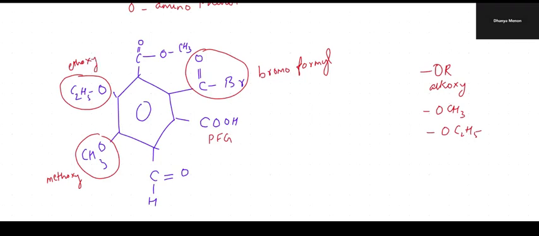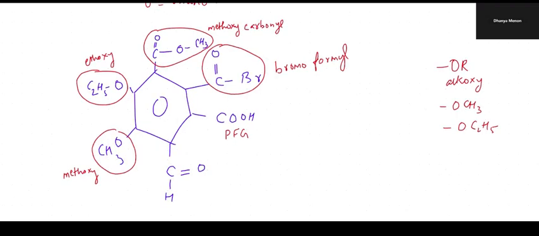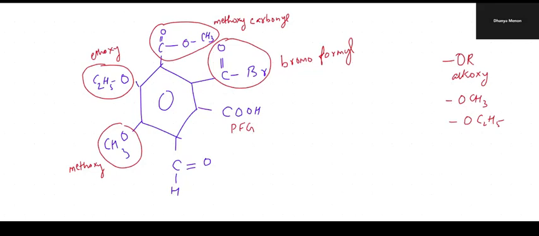And this is the ester group, COOCH3. So this is nothing but methoxycarbonyl. Ester is methoxycarbonyl when it becomes the substituent, alkoxycarbonyl. And this CHO is formyl.